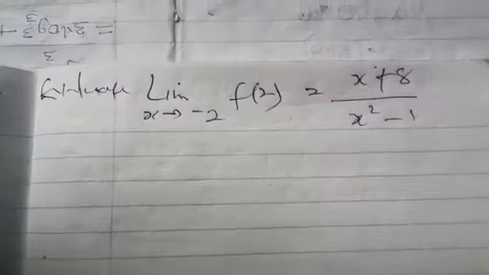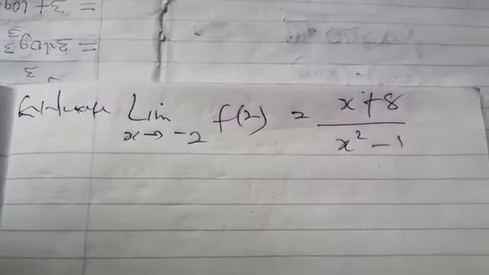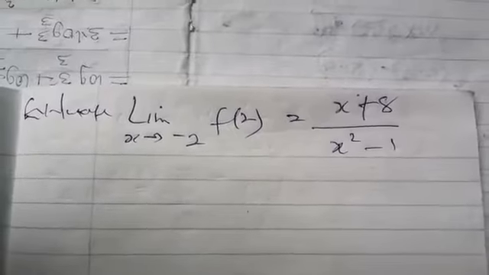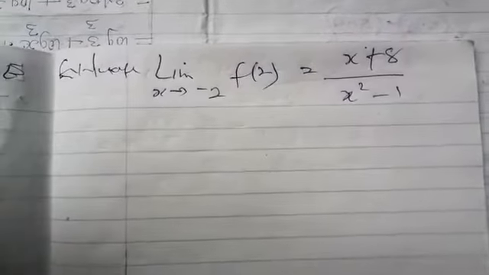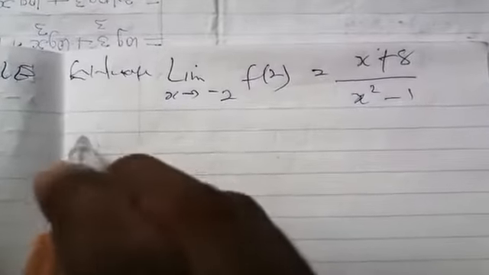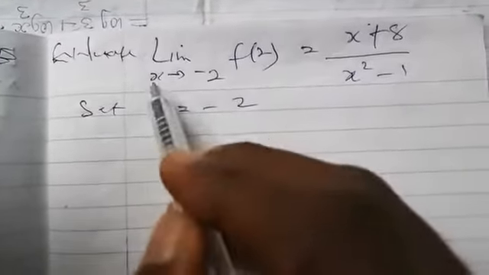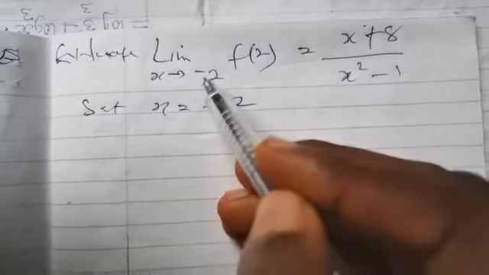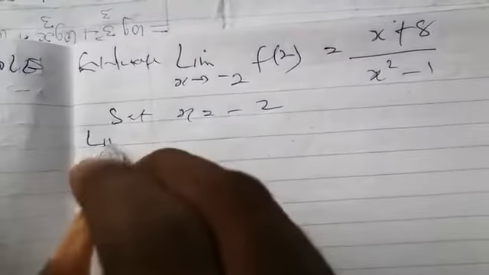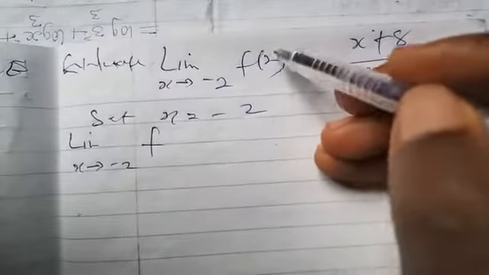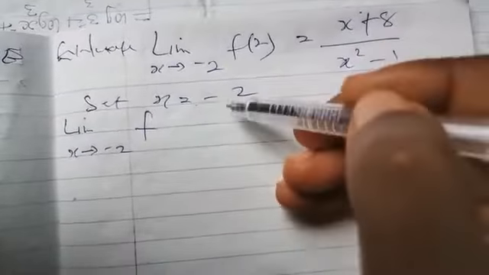Alright, let's say we are given to evaluate the limit as x tends to minus 2 of the function x plus 8 over x squared minus 1. By substitution, we simply set x to be equal to minus 2, the point where the limit is tending to. In place of f of x, we are simply saying f of minus 2, because x is minus 2.